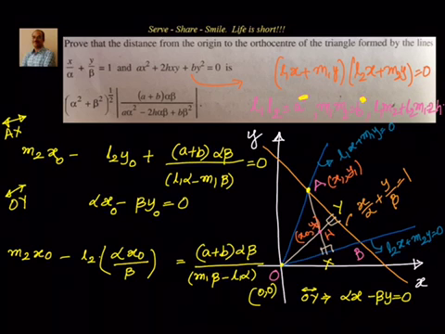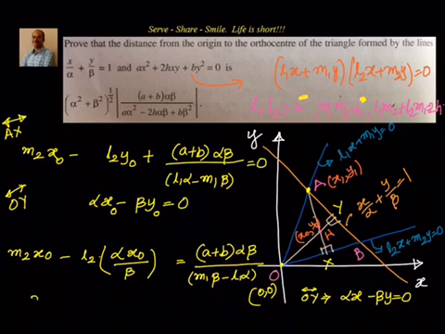So what we have done, we have just taken this to that side. Since it becomes minus, I have multiplied here so that I don't put the minus side. So we have m2 x0 minus L2 into alpha x0 by beta is equal to a plus b into alpha beta by m1 beta minus L1 alpha. From this we should be able to find out x0 value.